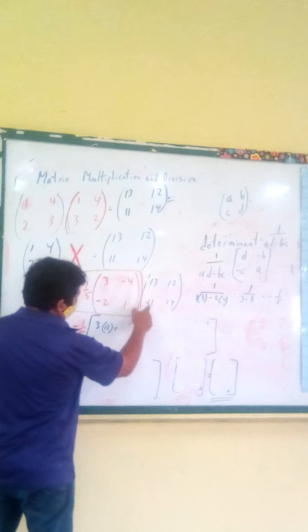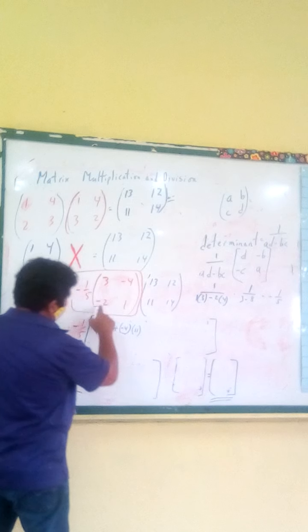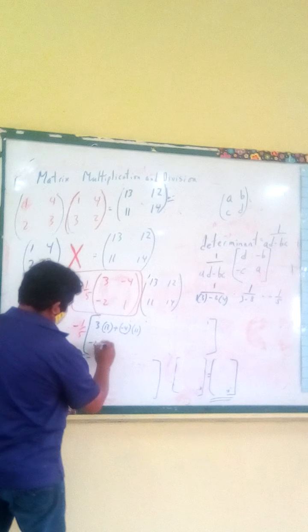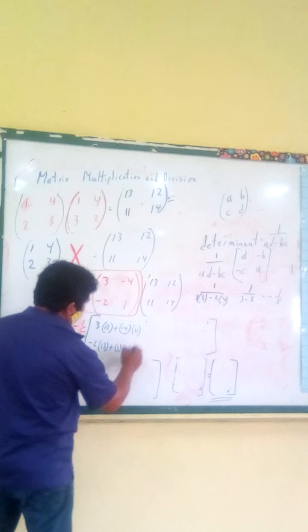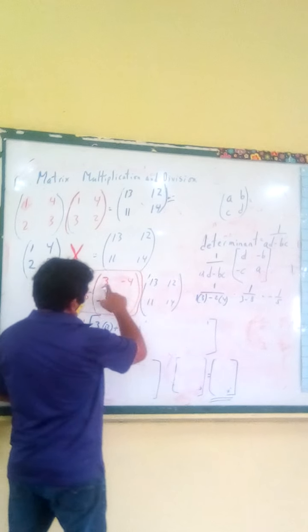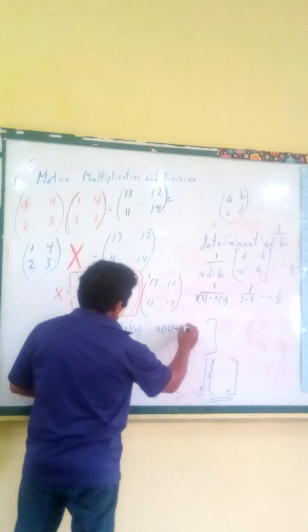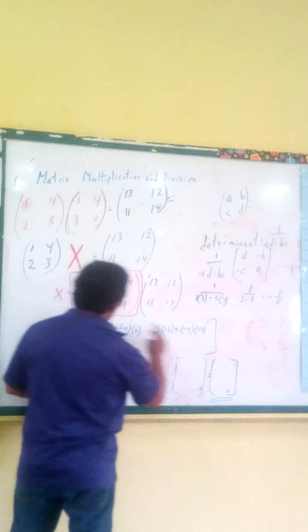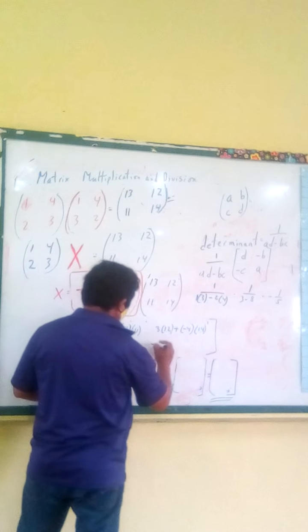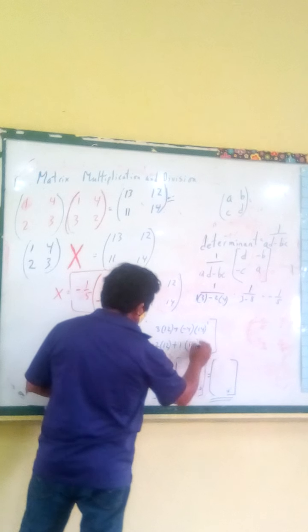plus -4 times 11 and -2 times 13 plus 1 times 11, then 3 times 12 plus -4 times 14, then 2 times 12 plus 1 times 14. Alright?